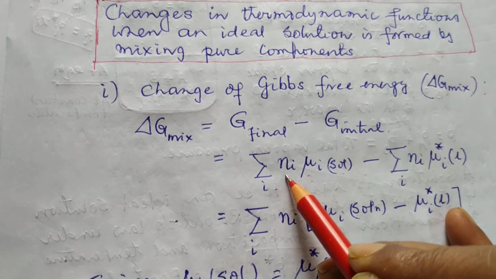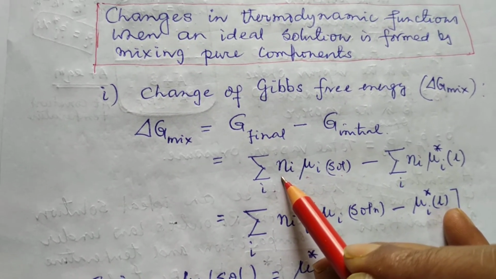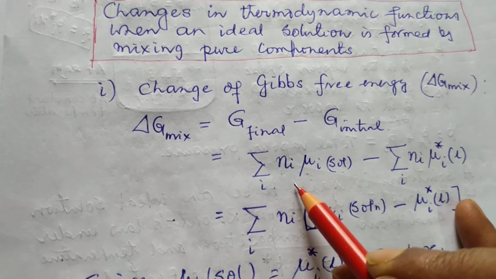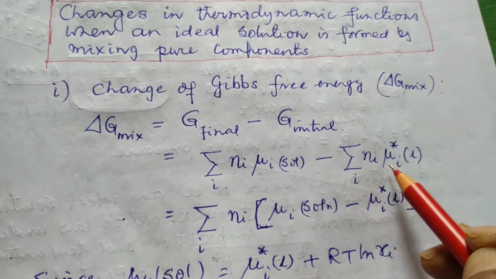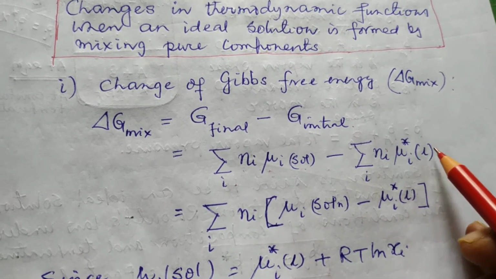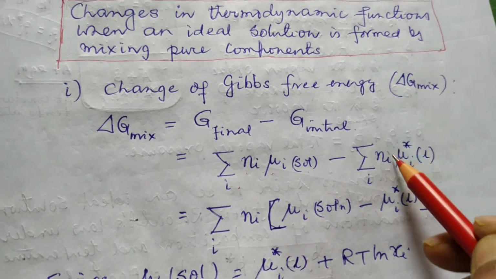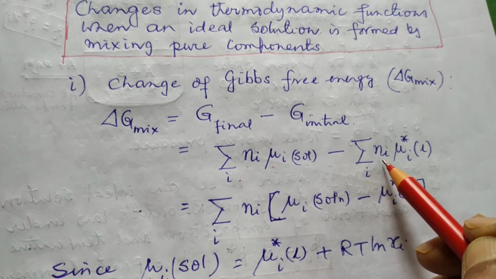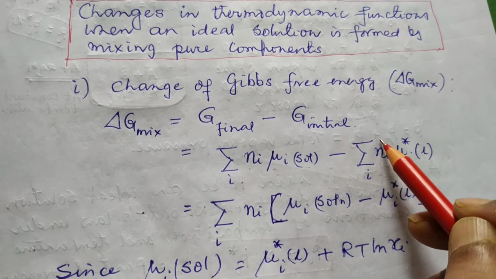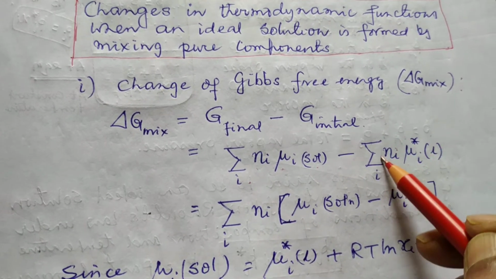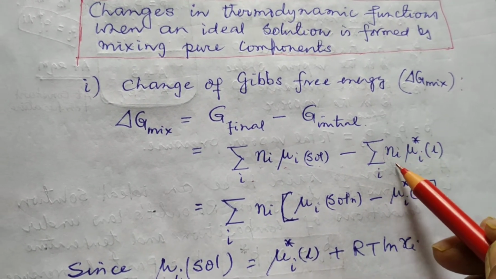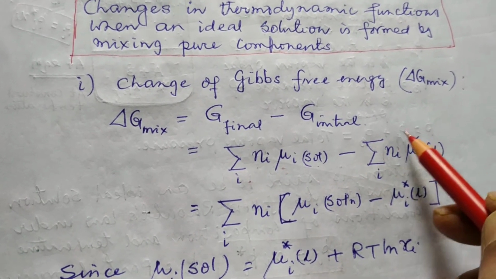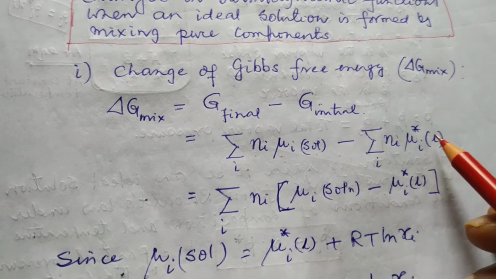If we multiply this by the number of moles, then this gives the free energy of the solution. That is the final state. In the same way, this is the chemical potential of the pure liquid, sum of the chemical potentials of the constituents. If we multiply this by the number of moles, then it gives the free energy of the constituents in the initial state.